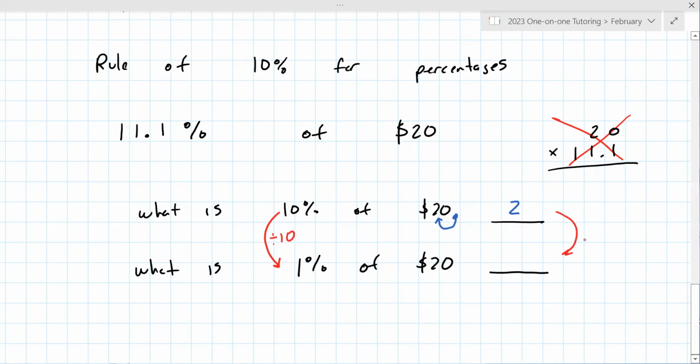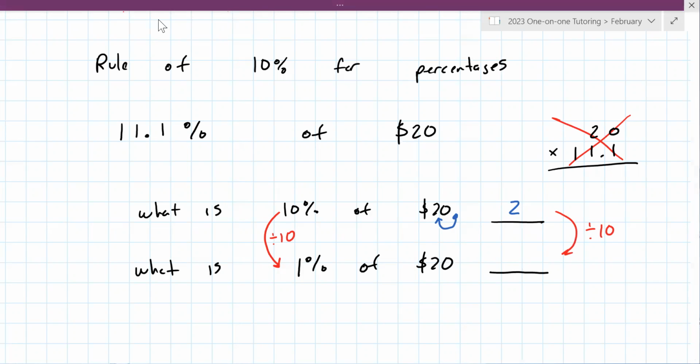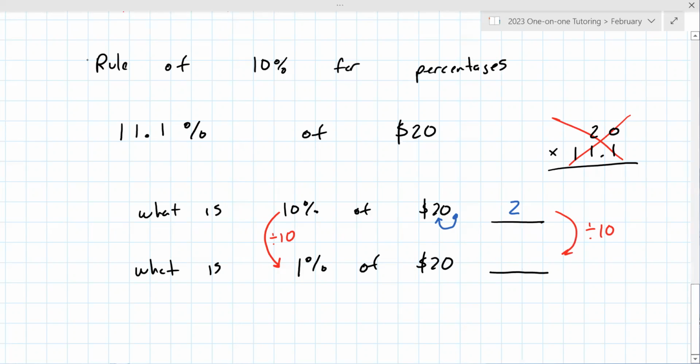What is 2 divided by 10? 0.2. Now notice we're just moving the decimal each time, moving it left.